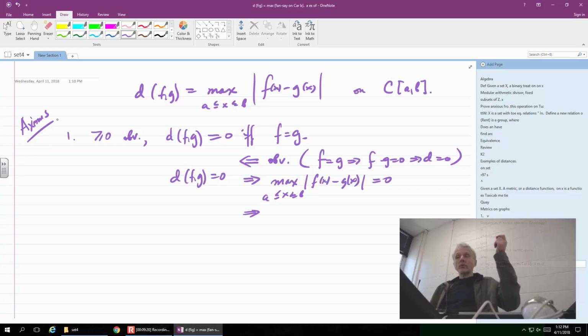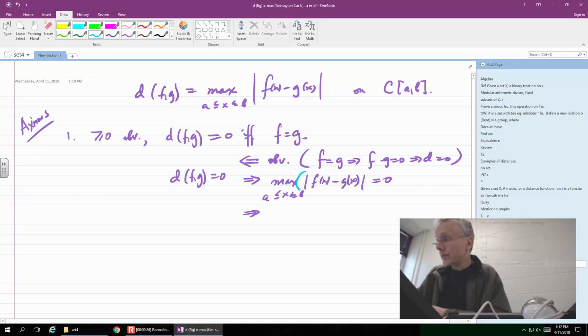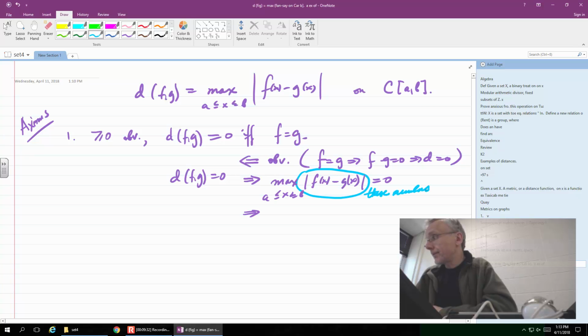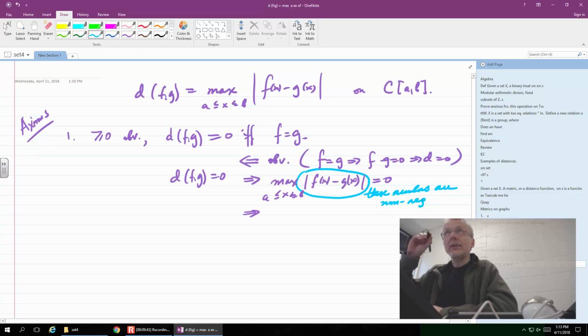But those numbers on the right, what do we know about them? What kind of numbers? Non-negative, yes. So you take the maximum of a set made entirely of non-negative numbers. What does it mean?